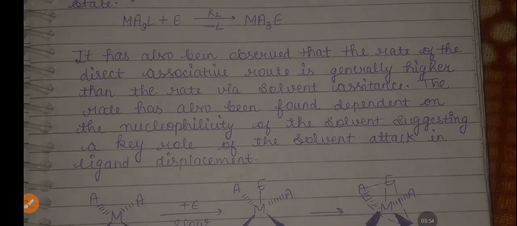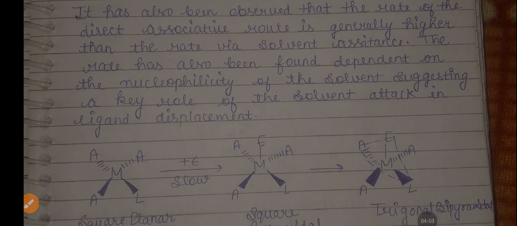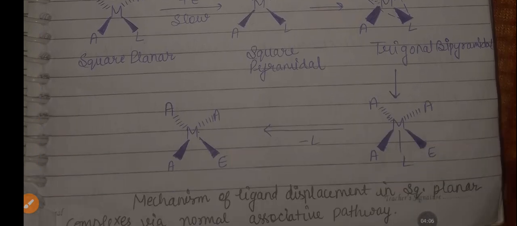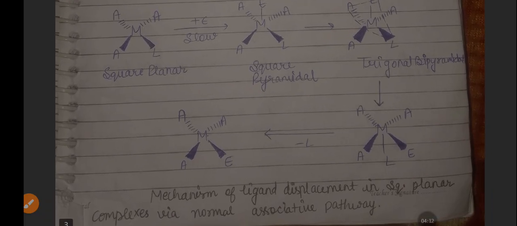The rate has also been found dependent on the nucleophilicity of the solvent, suggesting a key role of the solvent attack in ligand displacement. This is the mechanism of ligand displacement in square planar complexes via the normal associative pathway.